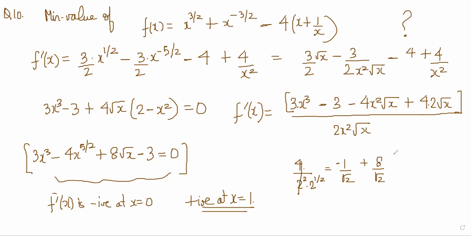Minimum value of this. Maybe there is an algebraic solution. f of x is equal to x power 3 by 2 plus x power minus 3 by 2 minus 4x plus 1 by x.